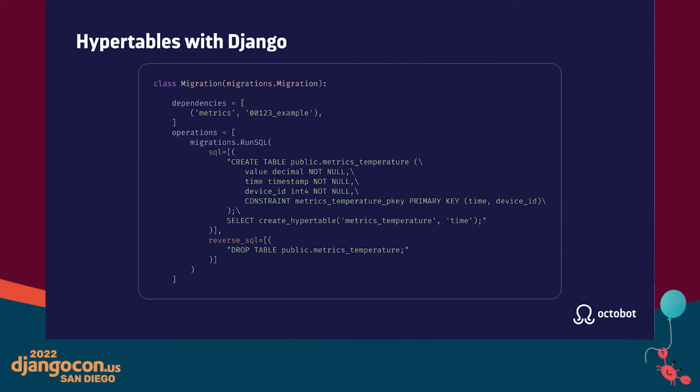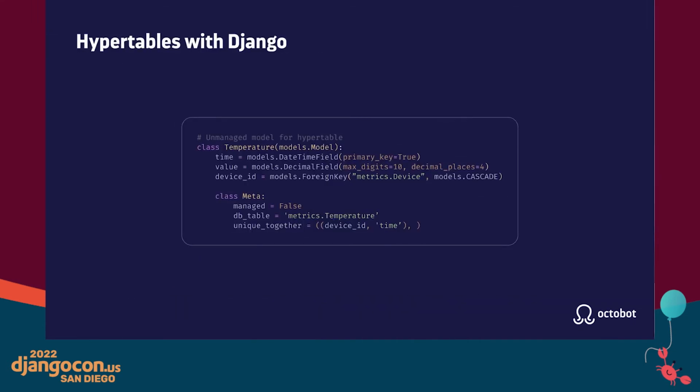Here you say, okay, this is my table and this is the time column for my hypertable. Easy as that. And then we will have an unmanaged model for these temperature readings. And notice that you have to set managed false and specify the database table.